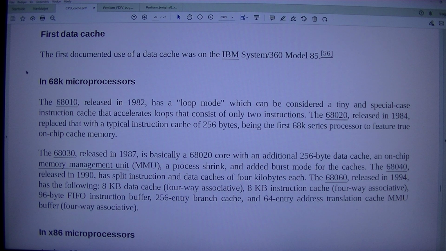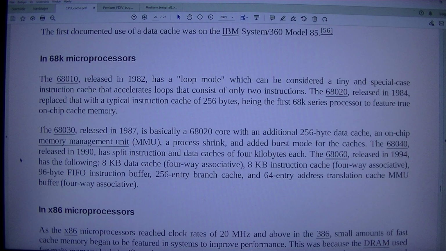The 68030, released in 1987, is basically a 68020 core with an additional 256-byte data cache, an on-chip memory management unit, MMU, a process shrink, and added burst mode for the caches. The 68040, released in 1990, has split instruction and data caches of 4 kilobytes each.